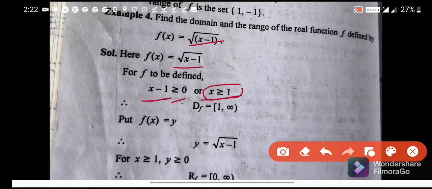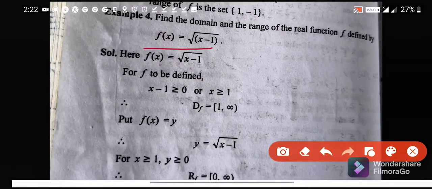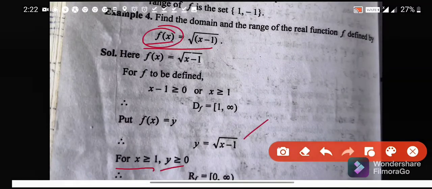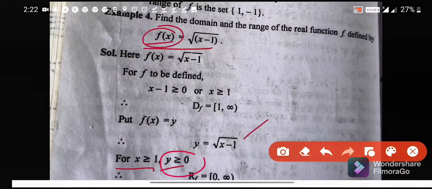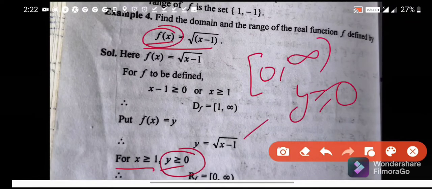Next, for range, put f(x) is equal to y, so this becomes y is equal to under root x minus 1 for x greater than equal to 1 and y greater than equal to 0. Range of f is equal to 0 to infinity, because y is greater than equal to 0.